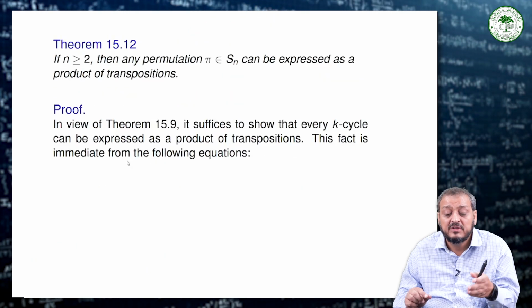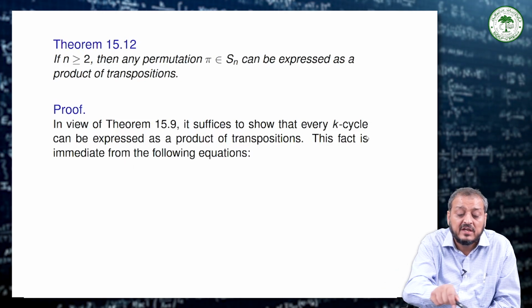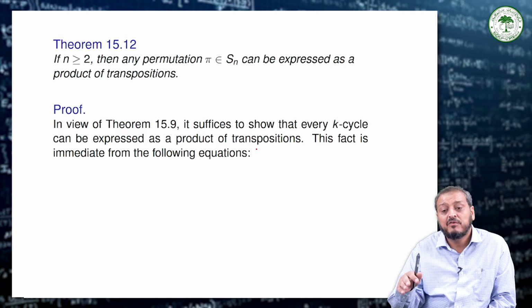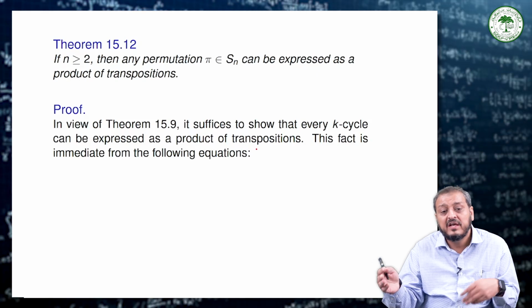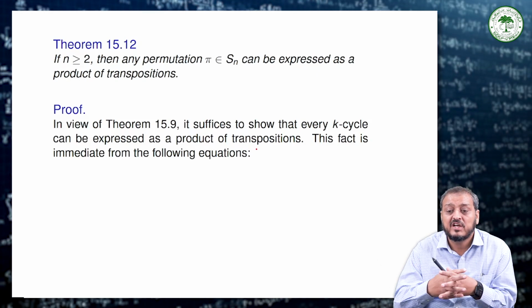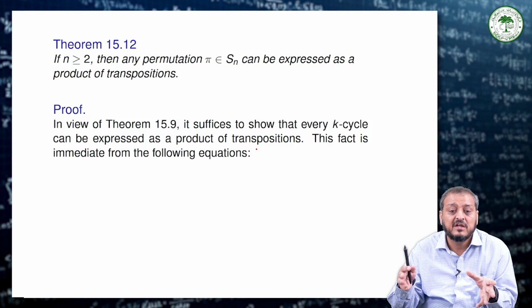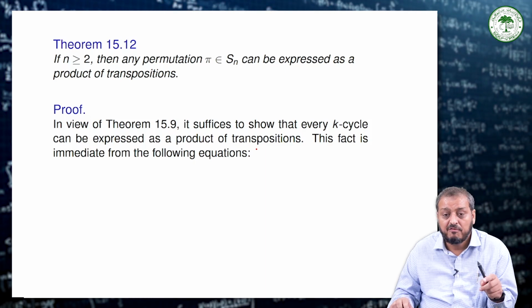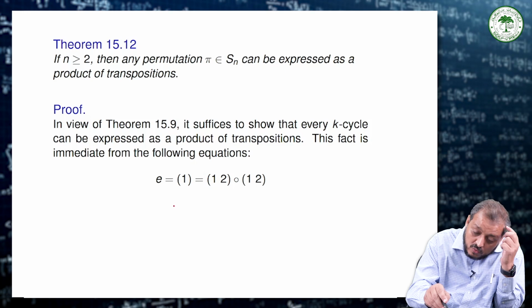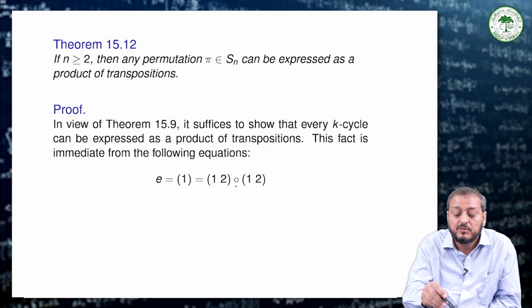So it is sufficient to show that every k-cycle can be expressed as a product of transpositions. This fact follows immediately from the following equation. If k is equal to 1, then this can be written as (1 2) composed with (1 2).